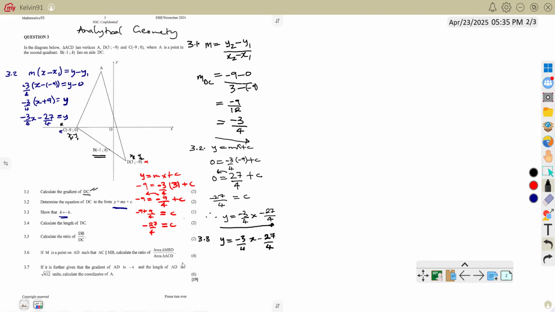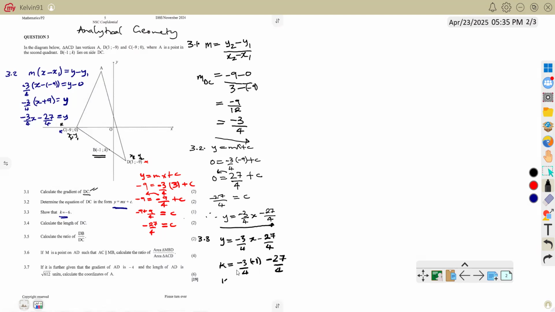So our y is K. So it means your K is equal to -3/4. Then substitute that. It's gonna be -1, our x, minus 27 over 4. You can trust your calculator, get your answer.